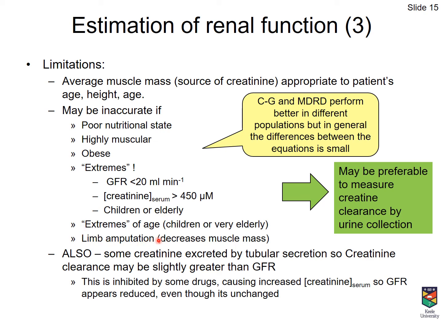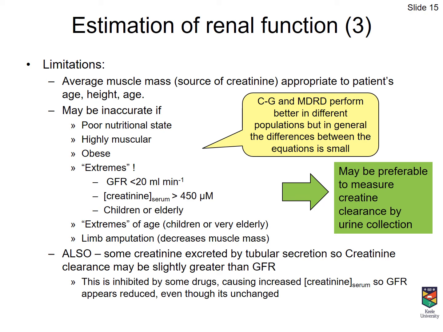Another factor that can make the Cockcroft-Gault or the MDRD equations go wrong is if someone has had a limb amputated, because of course then they've got a reduced muscle mass, and as a consequence are producing less creatinine than you'd expect, and so as a result the calculation also goes wrong.